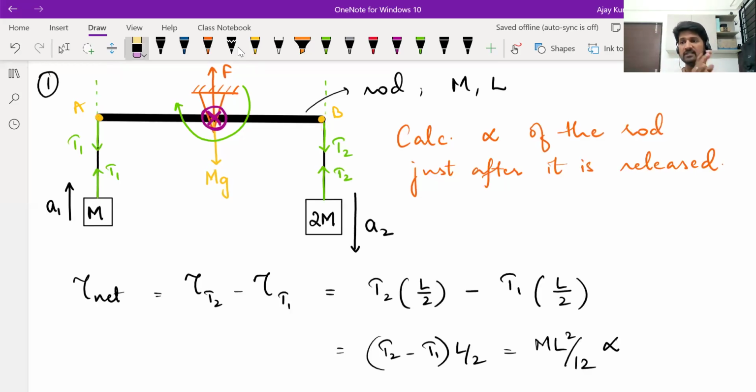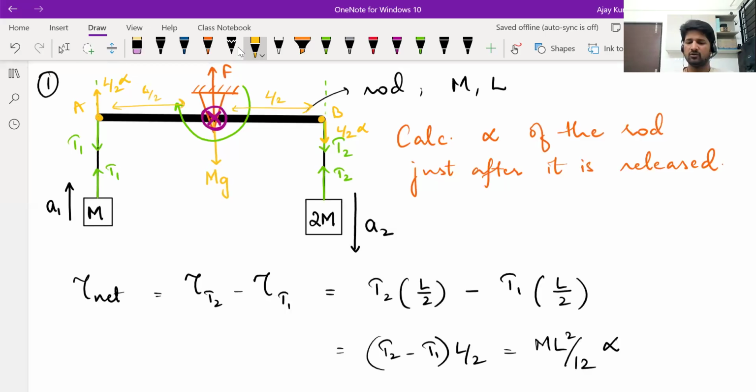And since they are both at the same distance from the axis, A's acceleration in the upward direction will be R alpha, like A is going to execute circular motion. Every point of the rod is going to execute circular motion except the center. So A's acceleration upward will be L by 2 into alpha. B's acceleration downward will also be L by 2 into alpha, because they are both at a distance L by 2 from the center or the axis.